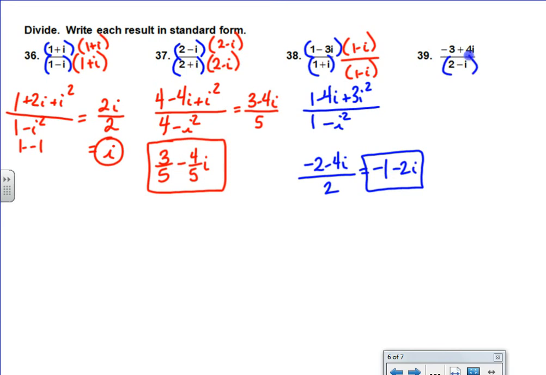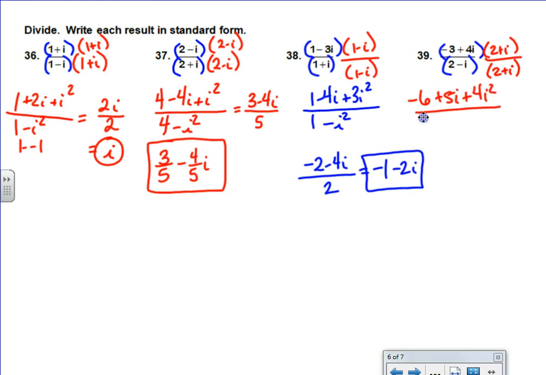And then the conjugate here on number 39 is 2 plus i. So multiplying the numerators together, we get negative 6. 8 minus 3 is plus 5i. Plus 4i squared.